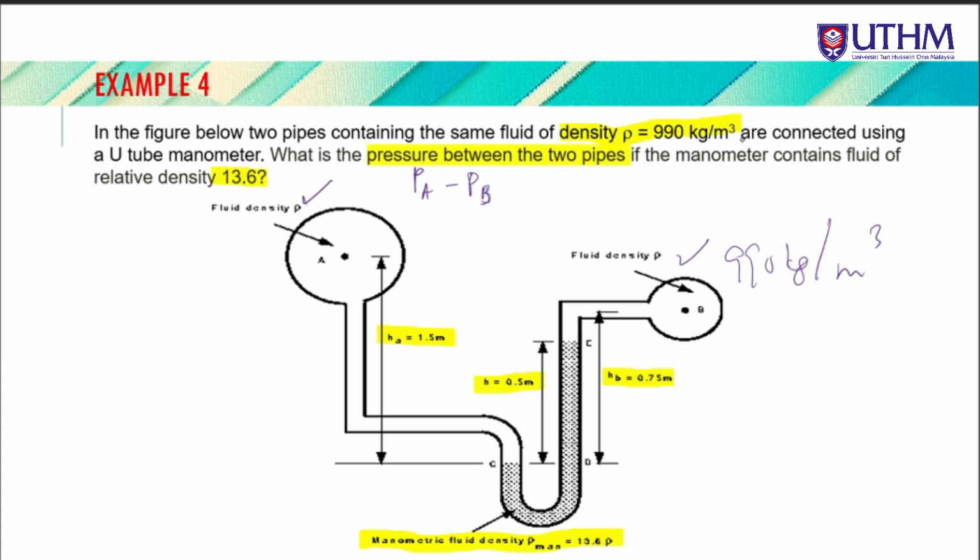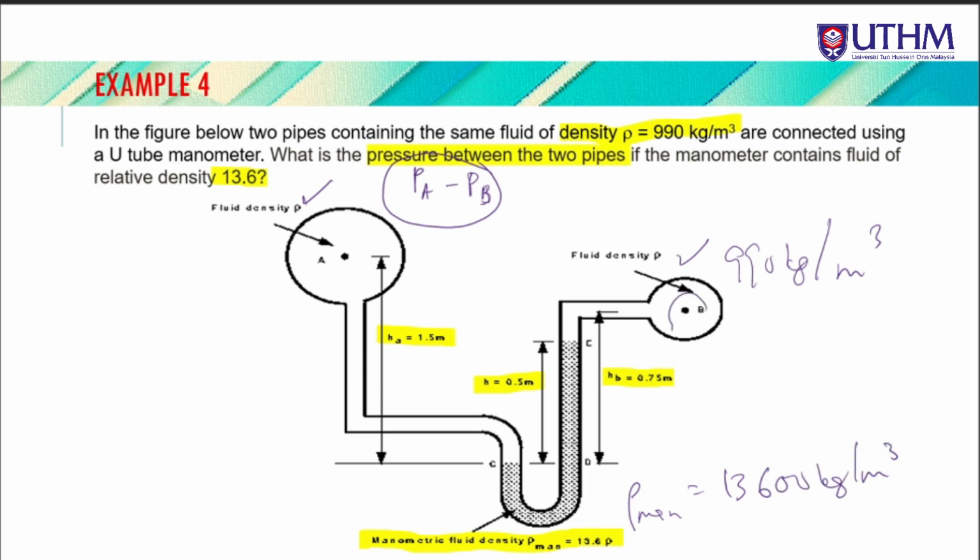So what is the pressure between the two pipes? The question requests us to find the value of PA minus PB if the manometer contains fluid of relative density 13.6. So the manometer density rho man equals 13600 kg per meter cube.